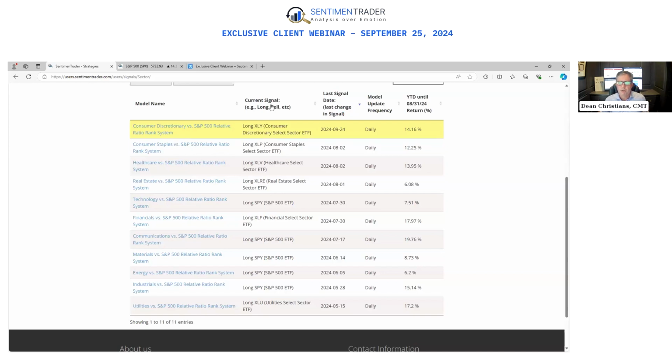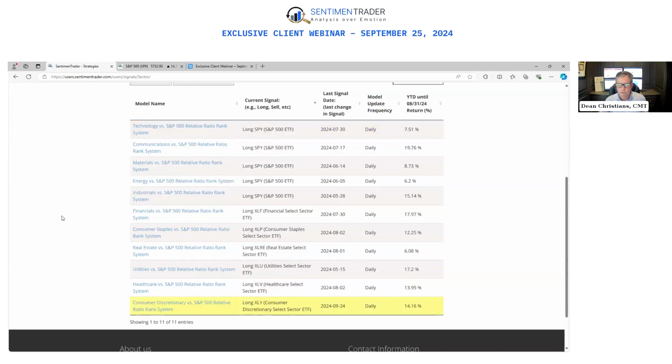Another point to make here is, when we sort this, and I pointed this out in a research report, until this discretionary signal, the backdrop had been very defensive. We'd had consumer staples, real estate, utilities, healthcare, all on buy signals in terms of relative strength. And again, I had mentioned in a research note that I suspect that with rates coming down, these sectors caught a bid. Recall as rates were moving up in 2022 into 23, these sectors got hammered.